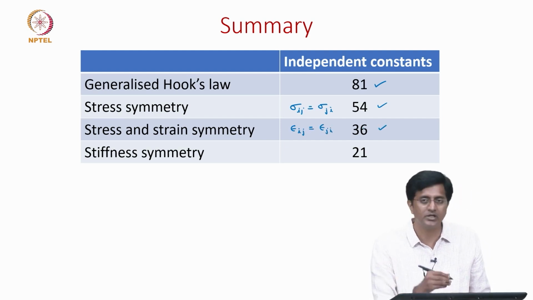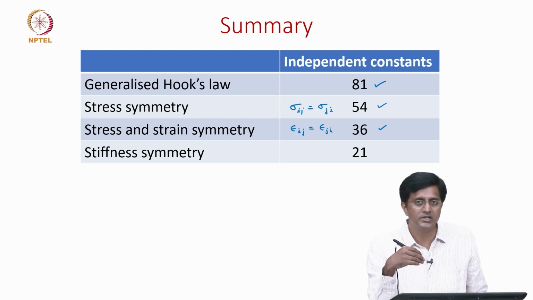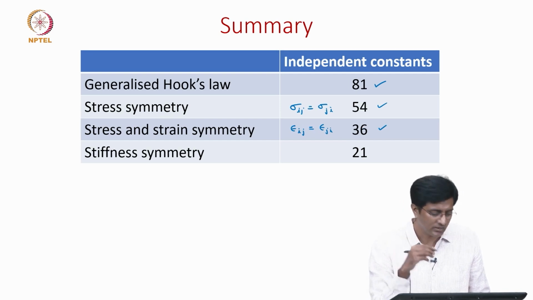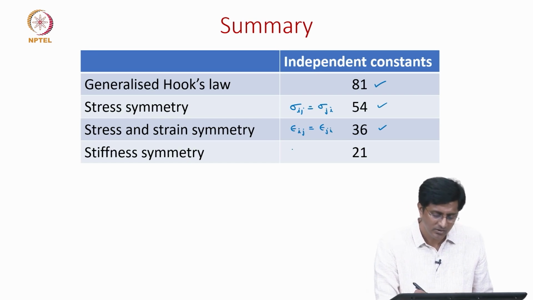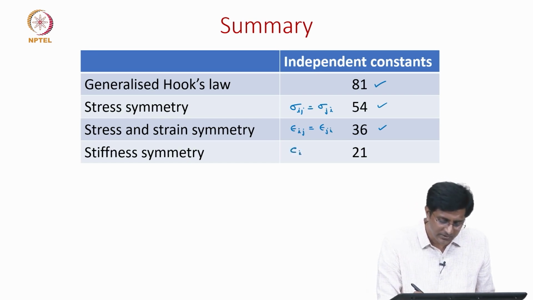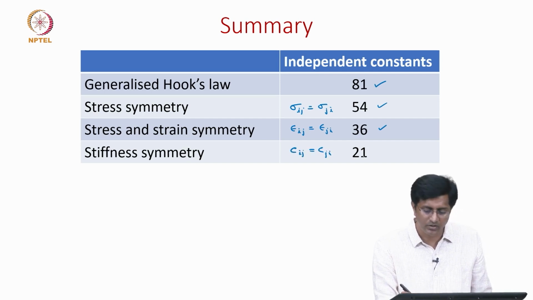Later, we assumed that there is a strain energy density function, and then we showed that the stiffness matrix is symmetric, meaning Cij equals Cji, and then we got it down to 21 constants.